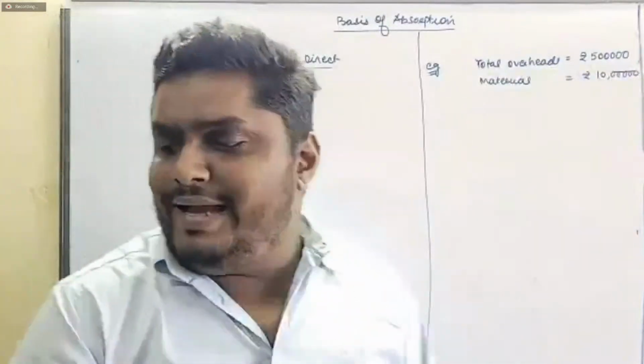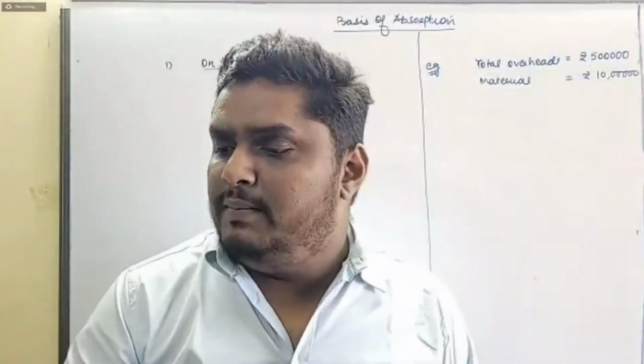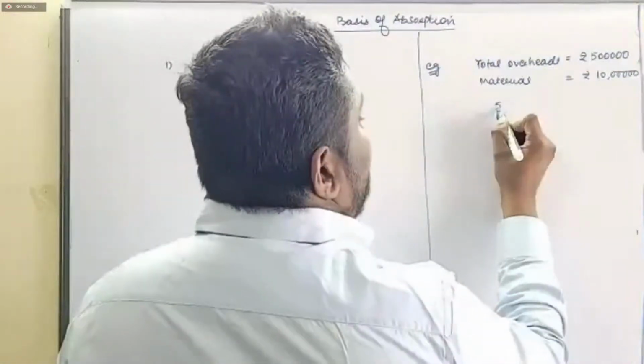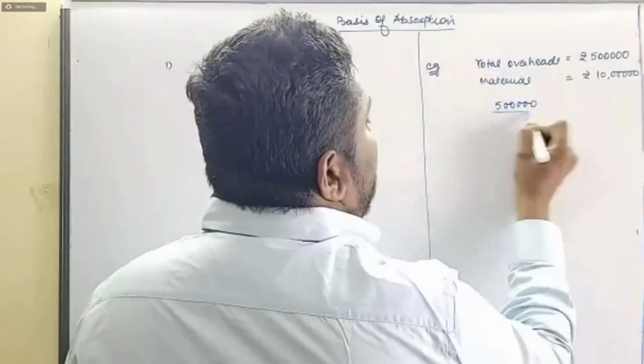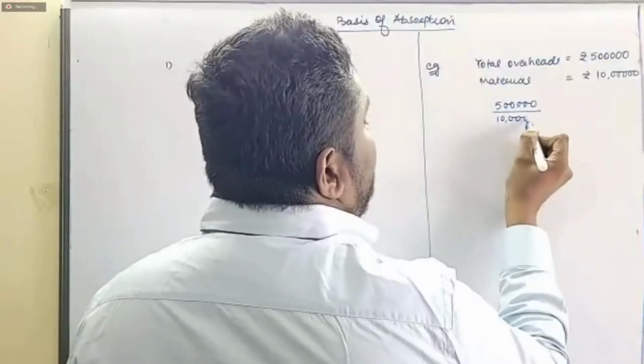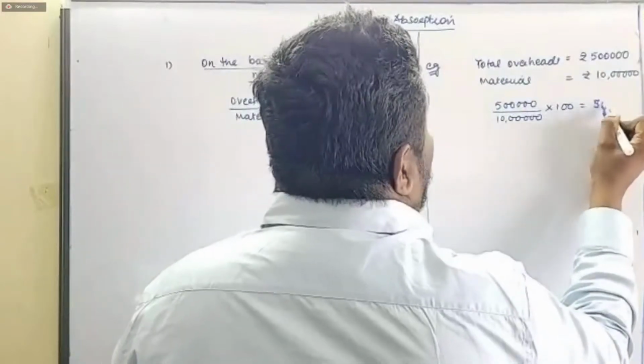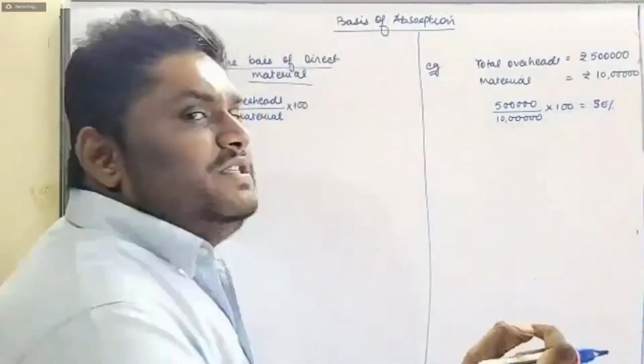So for the calculation of the absorption rate, very simple: 5 lakh overheads divided by total 10 lakh of material into 100. That is 50%. So this is my absorption rate.